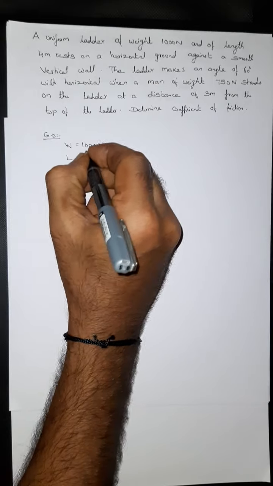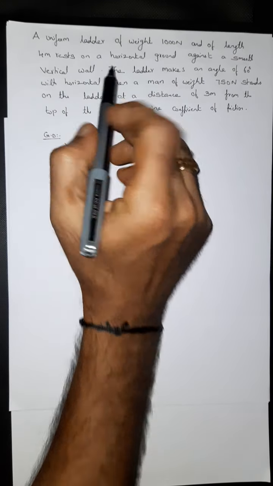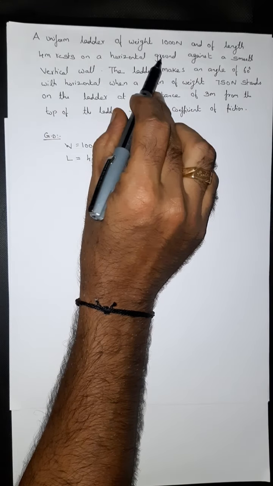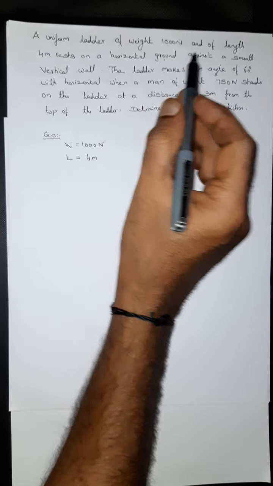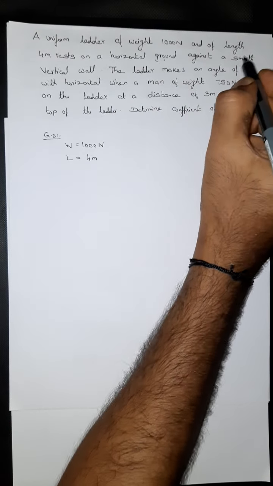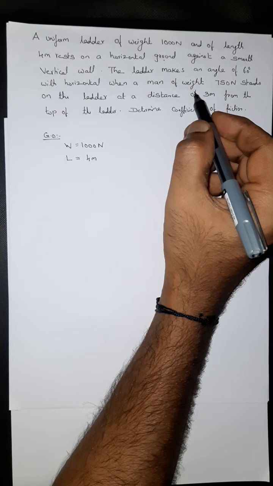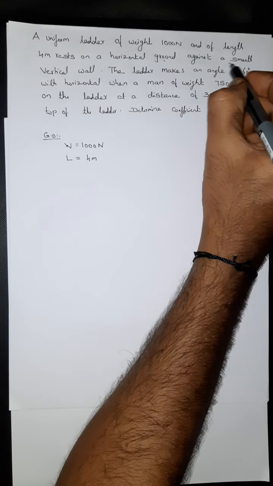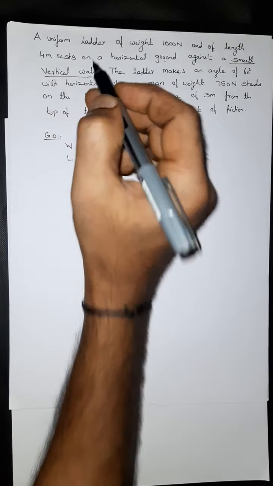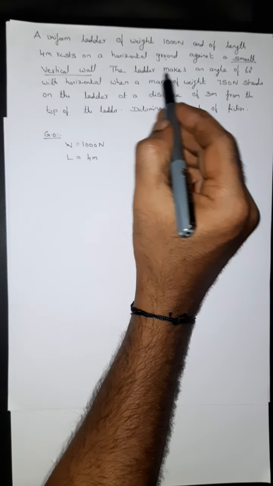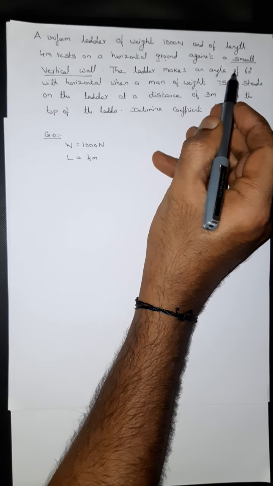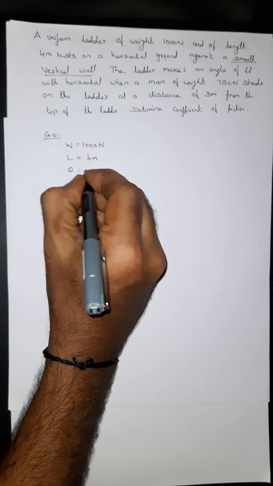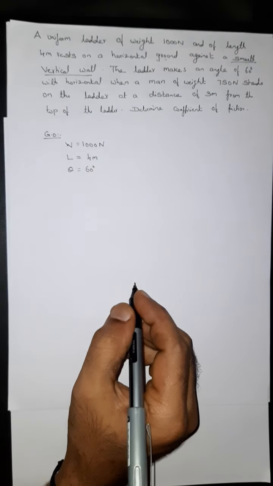Total length of the ladder is 4 meter. It is resting on a horizontal ground against a smooth vertical wall. The ladder makes an angle of 60 degree with horizontal. So theta is 60 degree.